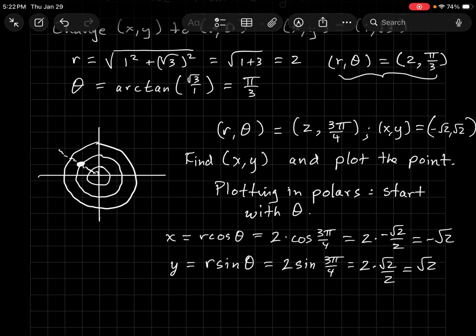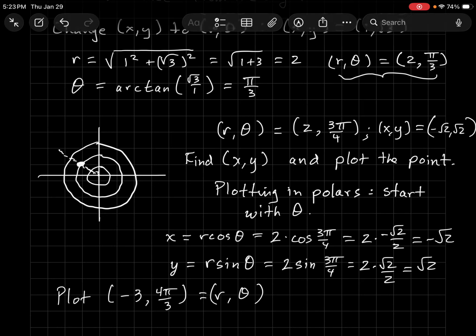Now let's plot one other point. I just want to plot it. Let's plot the point negative 3 comma 4 pi over 3. And this will be r theta. Again, I recommend starting with the angle.